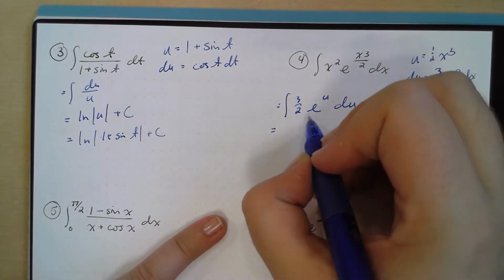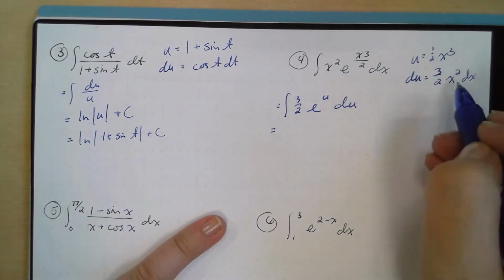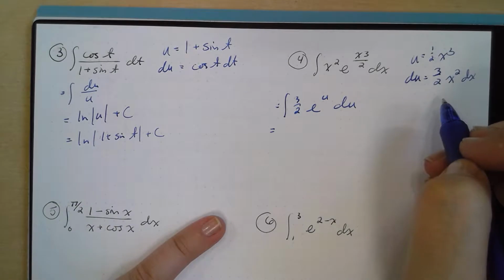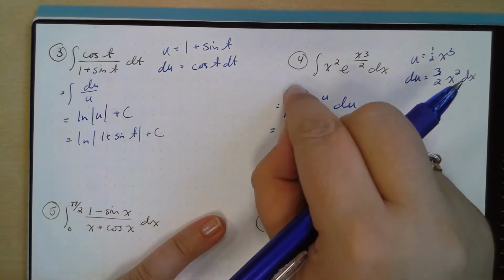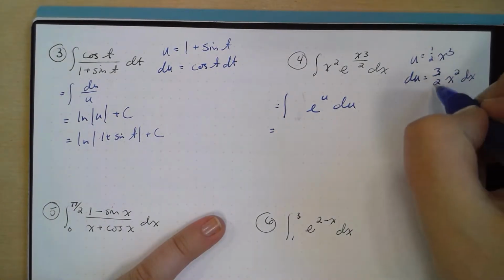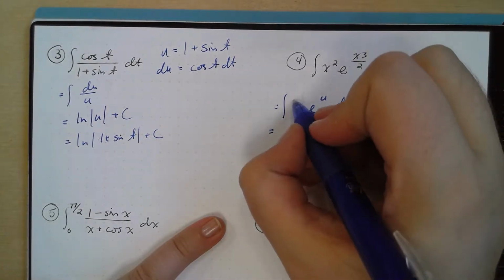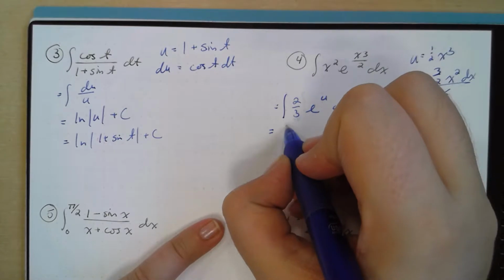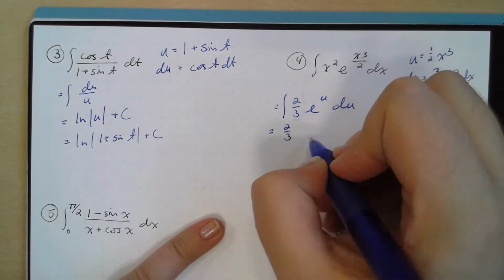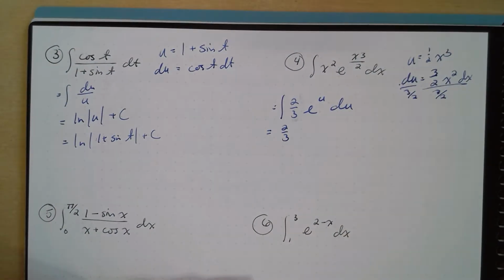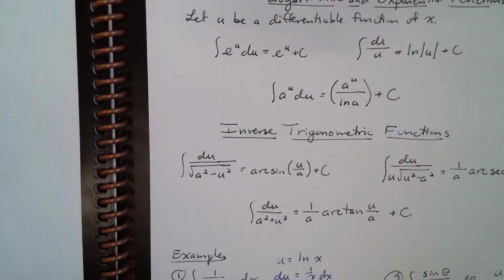Okay, so that's equal to, oh, why did 3/2? Nope, it's not 3/2. Why is it not 3/2? Because I wanted to isolate this, so I needed to divide by 3/2. So it should be 2/3. So this is equal to 2/3 the integral of e to the u. If you go back and look here, the integral of e to the u is just e to the u.